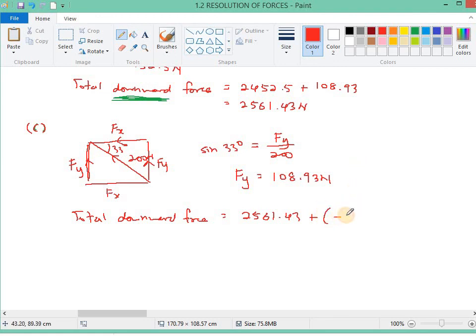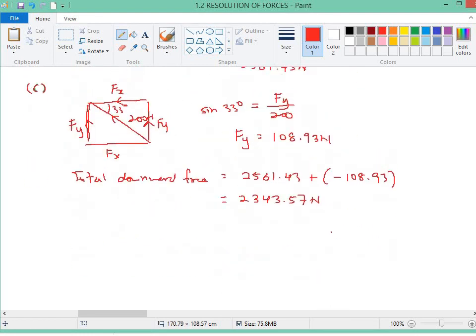So you need to put negative 108.93 to show that this is in the opposite direction, which is upward. So equal to 2343.57 Newton. This is the total downward force when we pull the roller.